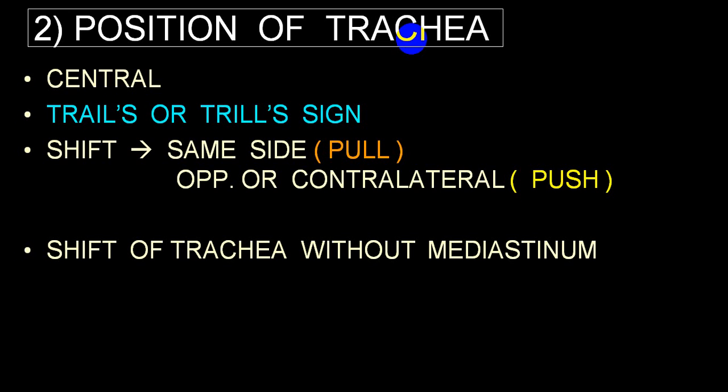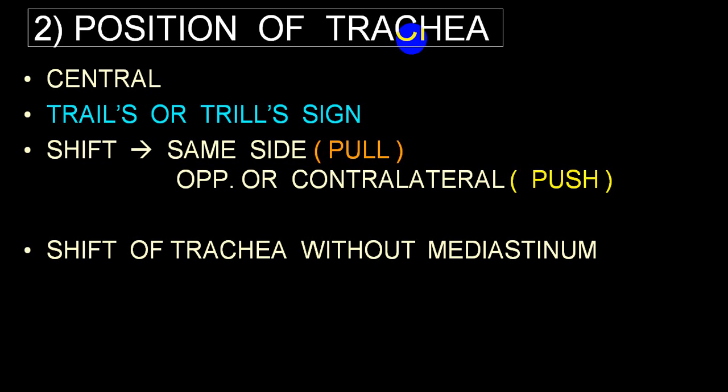But by and large the push will be very frequently because of pleural pathology like massive pleural effusion, hemothorax, empyema, hydropneumothorax, pneumothorax, tension pneumothorax, and occasionally a big mesothelioma or big malignant tumor of the pleural cavity, which can push the entire mediastinum to the opposite side. So these will be the conditions which will change the position of trachea.